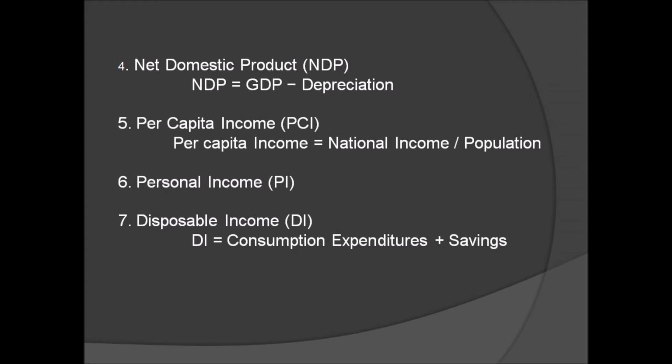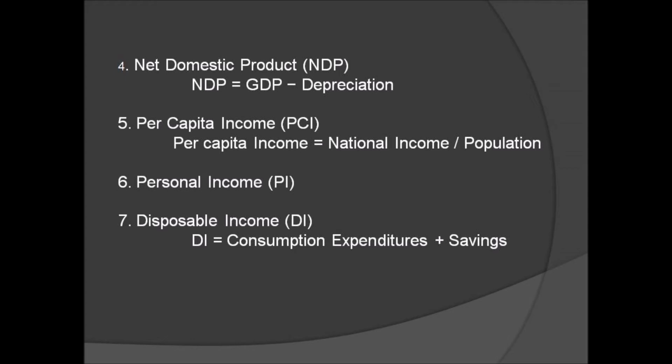Disposable income is also known as disposable personal income, and it is the amount of money that an individual has spent or saved after the income taxes have been deducted. On the other side, disposable income can also be calculated from the consumption based approach.